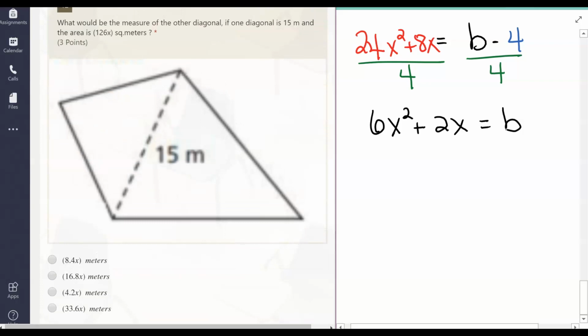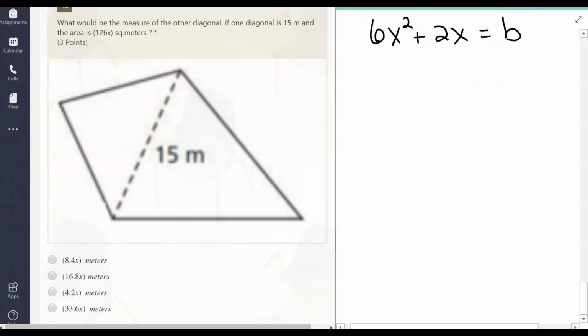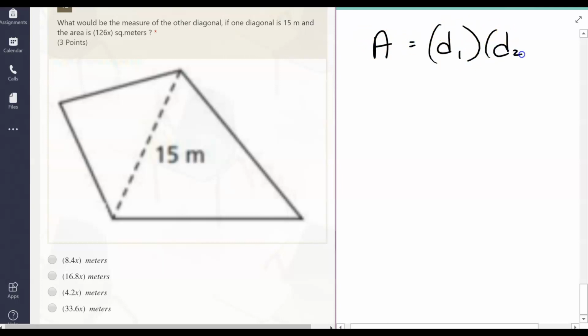Okay, next, what would be the measure of the other diagonal if we know one diagonal and we know the area? When we're talking about this shape, which is a kite, I know I'm using that formula: diagonal 1 times diagonal 2 divided by 2. I know one of my diagonals is 15, so I substitute that in.